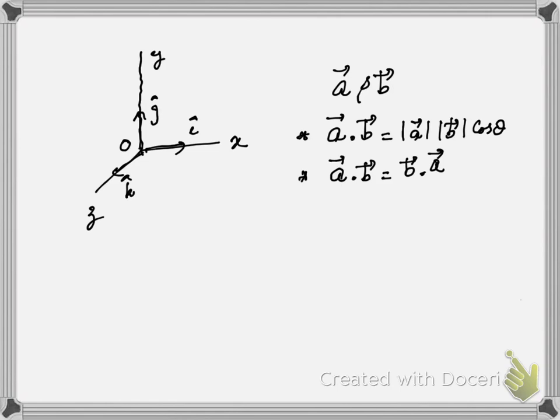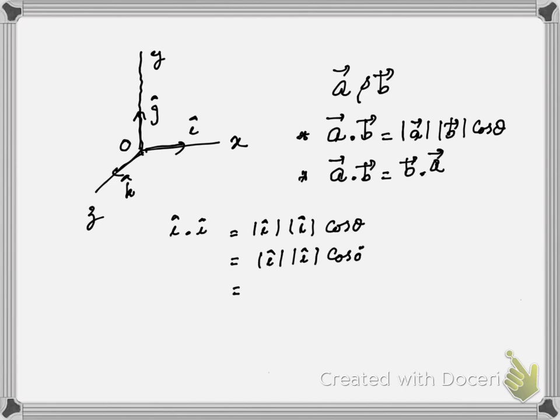To apply dot product on fundamental directions, I dot I is equal to magnitude of I into magnitude of I into cos of theta, where theta is the angle between I with itself. So magnitude of I into magnitude of I into cos of 0.